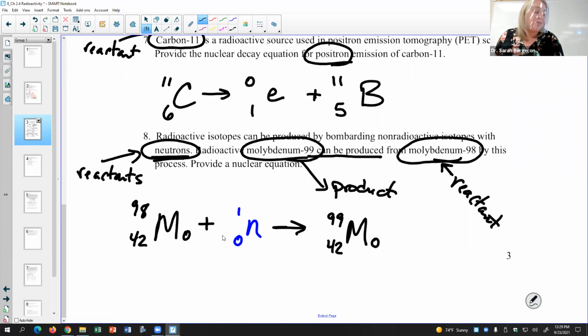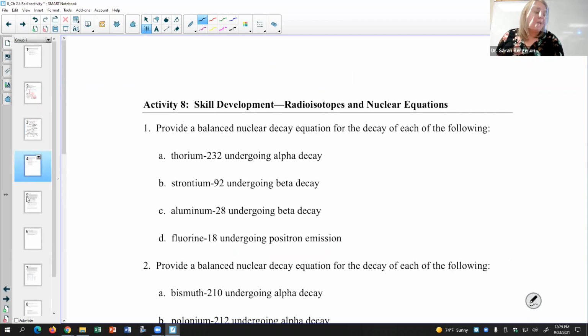If you're creating an isotope of molybdenum from molybdenum, they have to have the same atomic number because it's the same element. So that kind of helps you to know what this symbol should look like. Okay. All right. So this is just doing the same thing over and over again. So I figure we're okay.